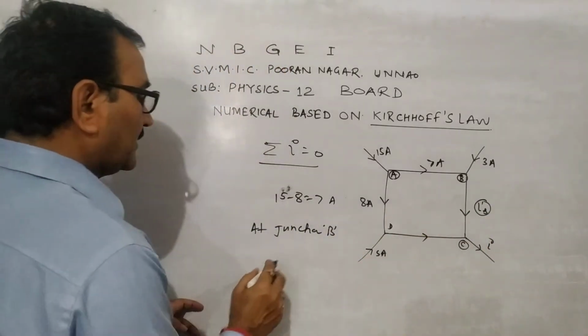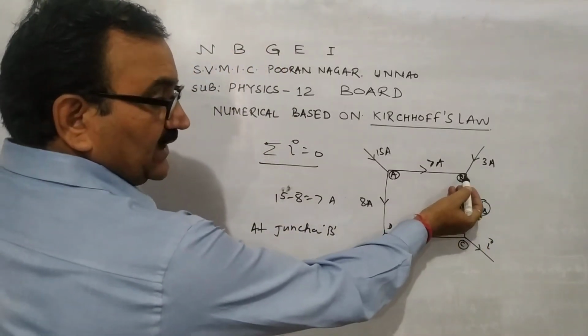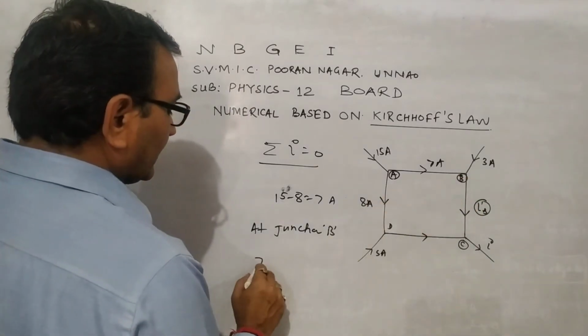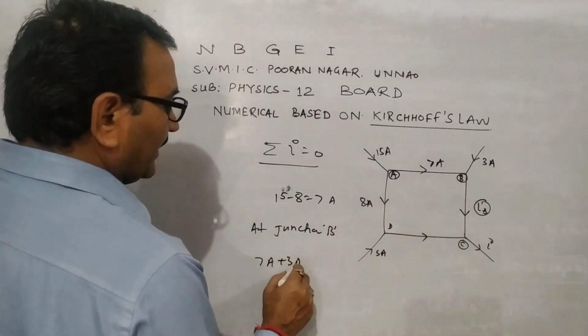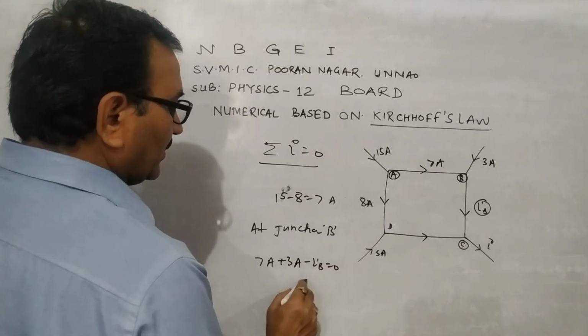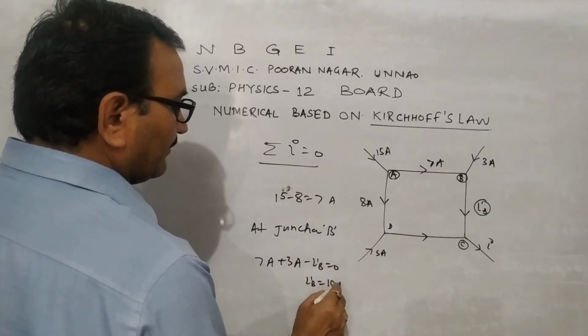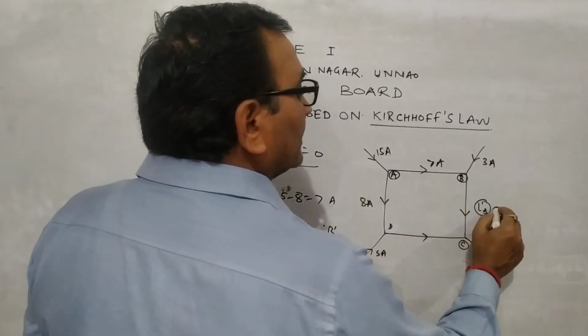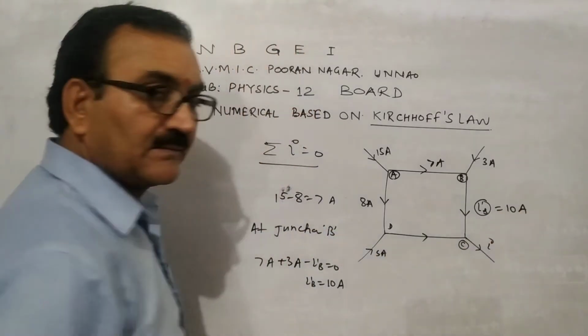So when you use the junction rule at the point B, 7 ampere plus 3 ampere minus IB is equal to 0. So IB is equal to 10 ampere.